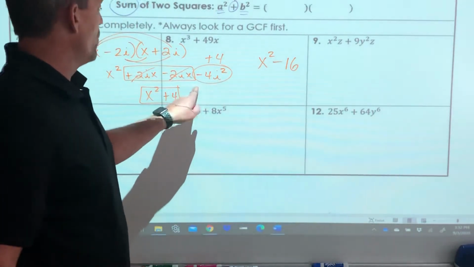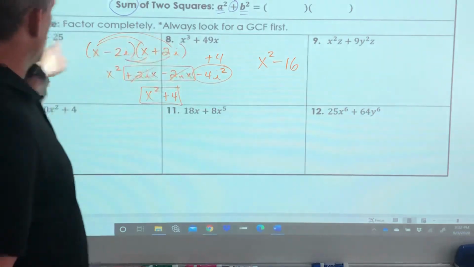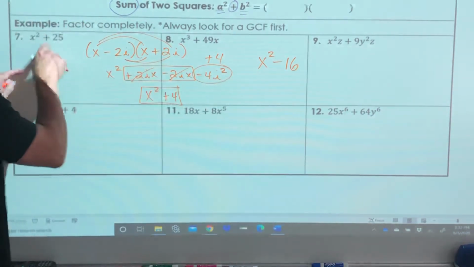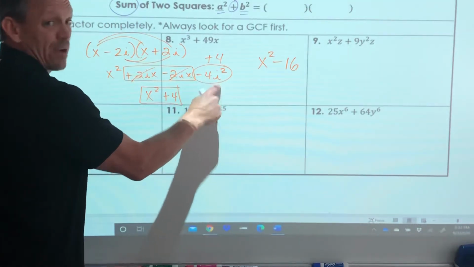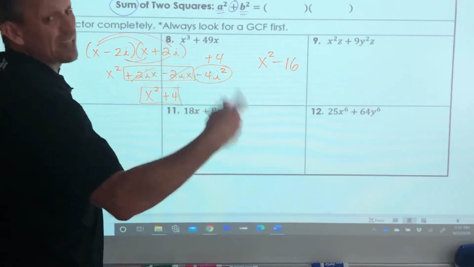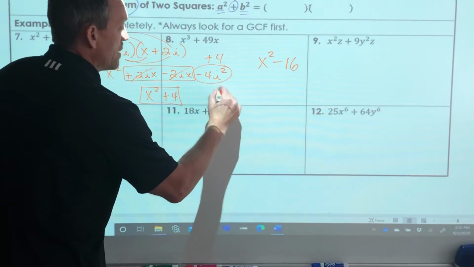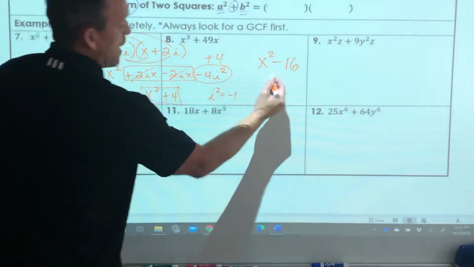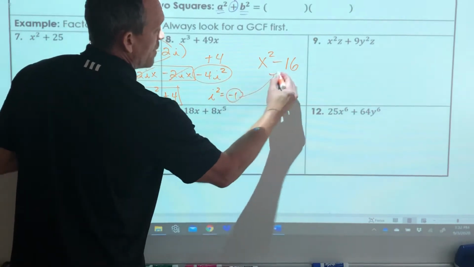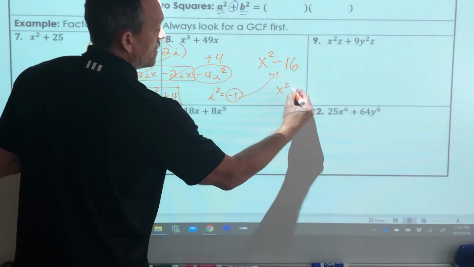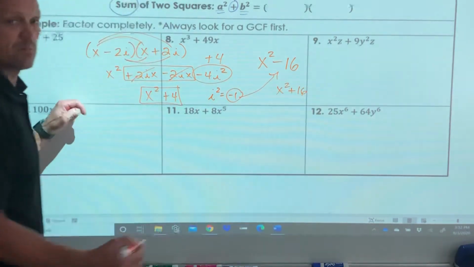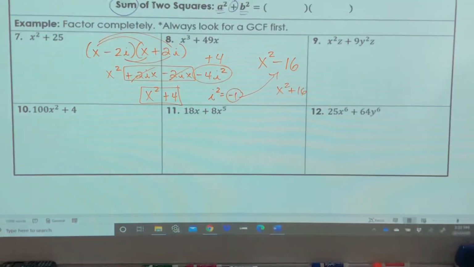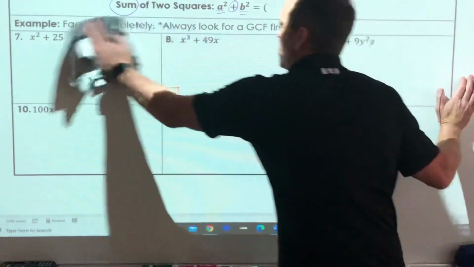Well, now that this is a positive, this isn't a negative, I need that i squared, which is equal to negative 1, to multiply by that negative, if you will, and then turn it into a positive. So that's where we're going to go with these. Just stay with me, follow with me, and hopefully we'll be fine.